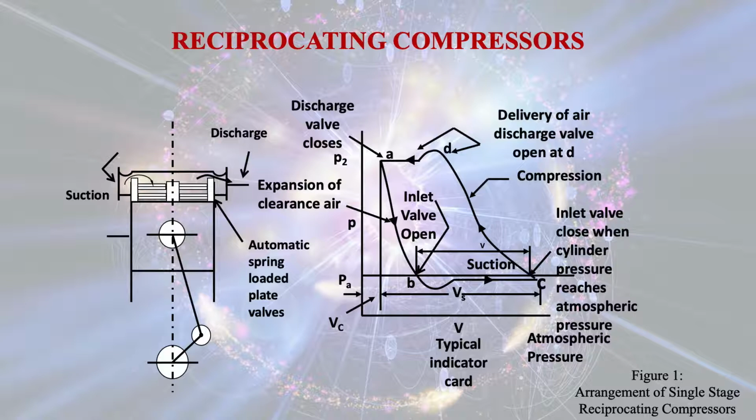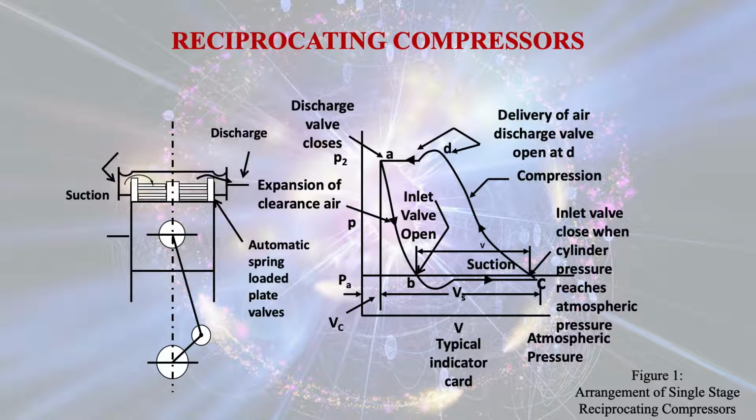On the left side, you will see the piston cylinder arrangement where the compression process is going on. The piston will move from top dead center to the bottom dead center during the suction process, and from bottom dead center to top dead center for the compression process.